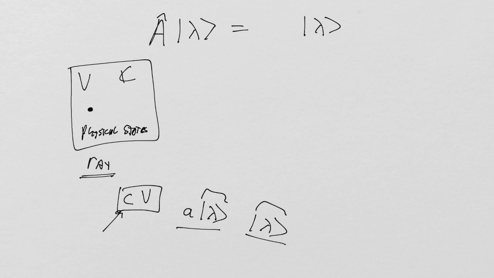So any complex number times the ket is still the same physical state. That's why I can say that A times lambda returns the same physical state, but scaled by some complex number, and that complex number will be lambda.